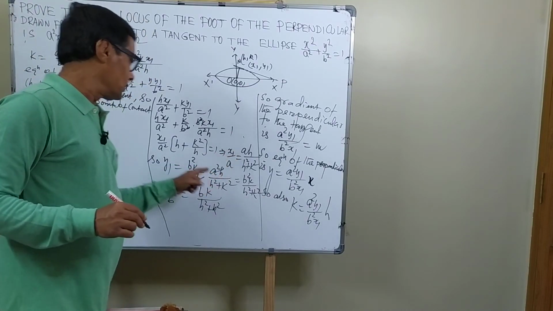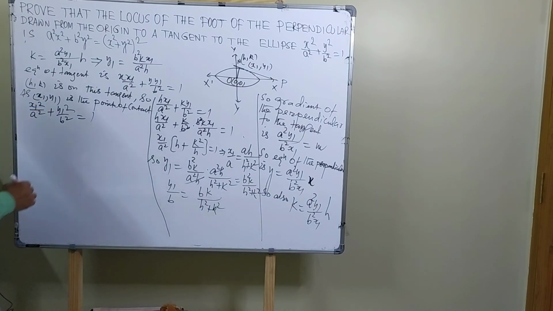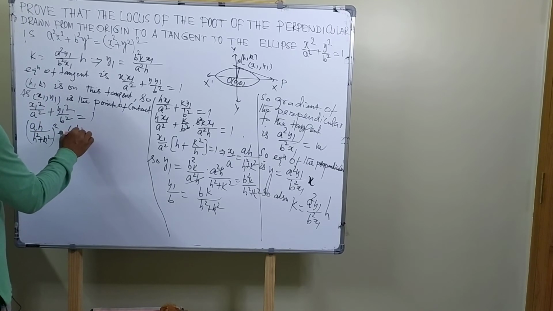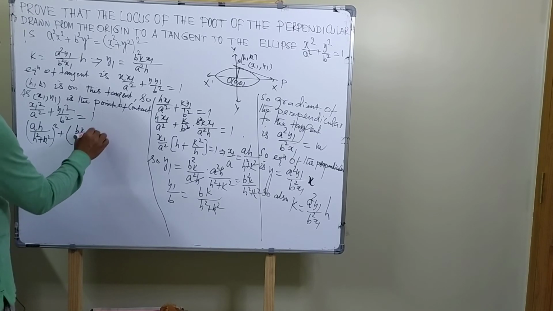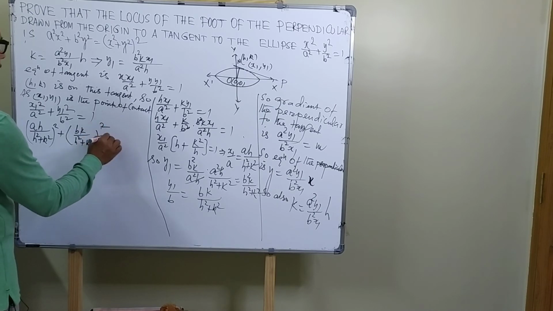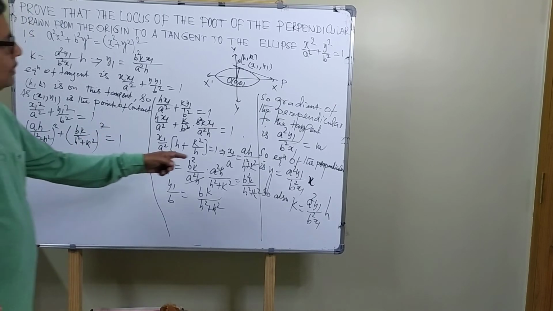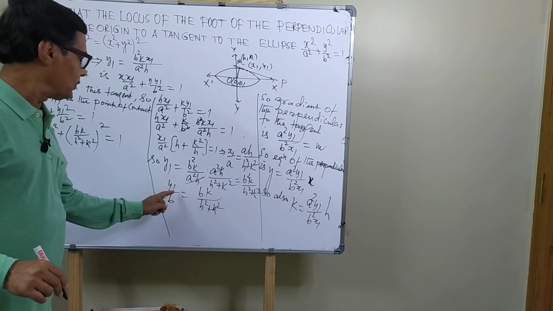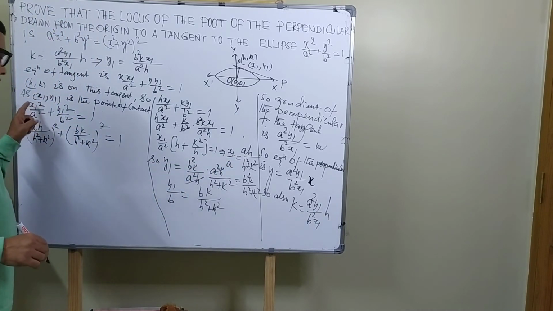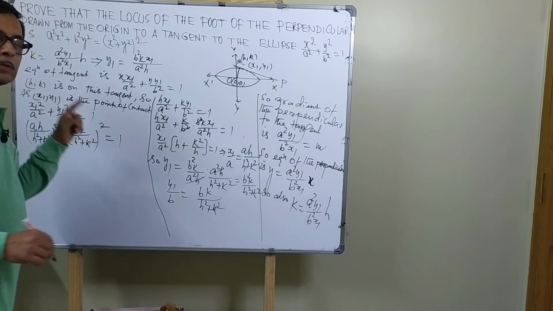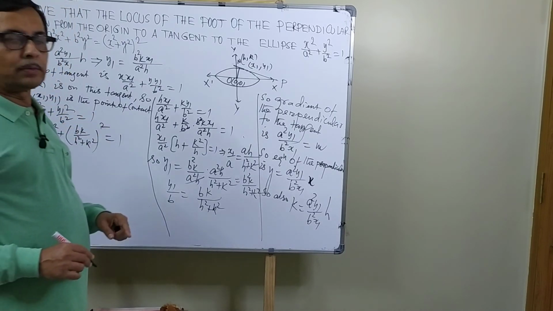So we can put these values in this relation, and we get x1 over a, that is a h over h square plus k square, whole square, plus b k over h square plus k square, whole square, equal to 1. We have put the values of x1 over a and y1 over b in the relation x1 square over a square plus y1 square over b square equal to 1.